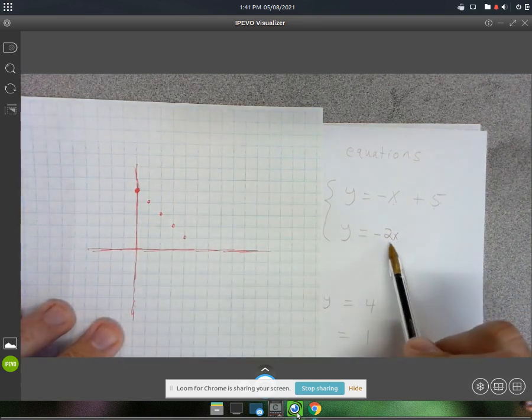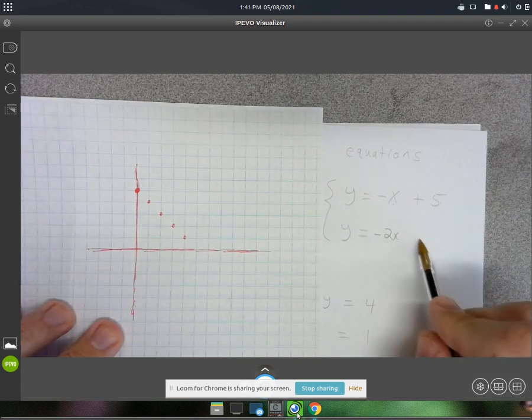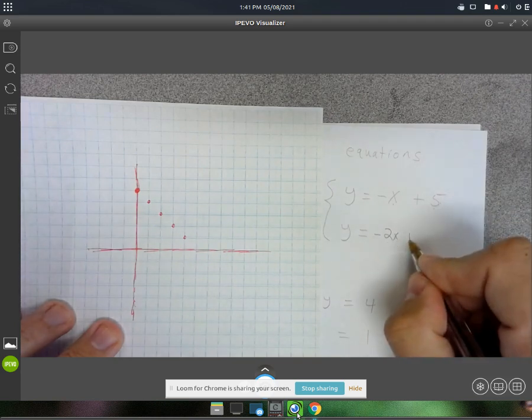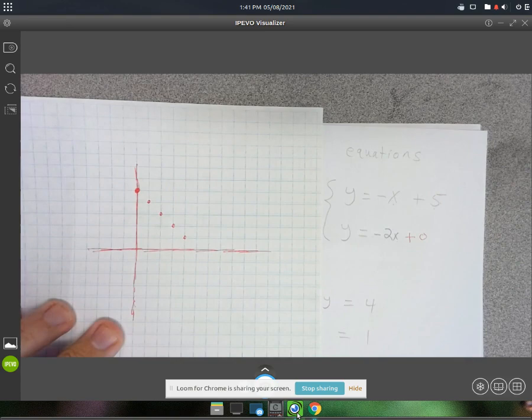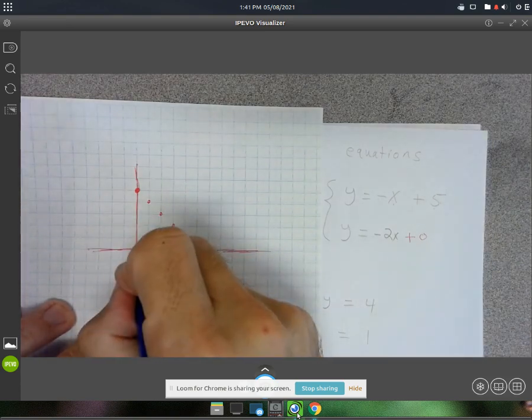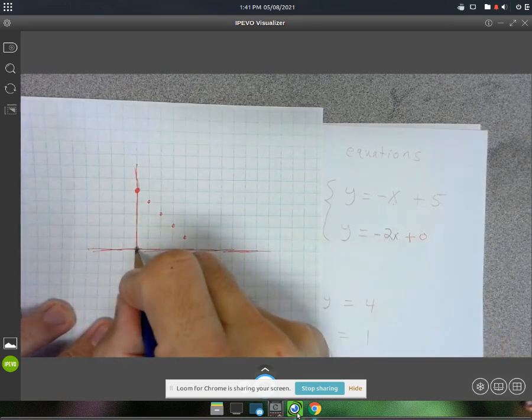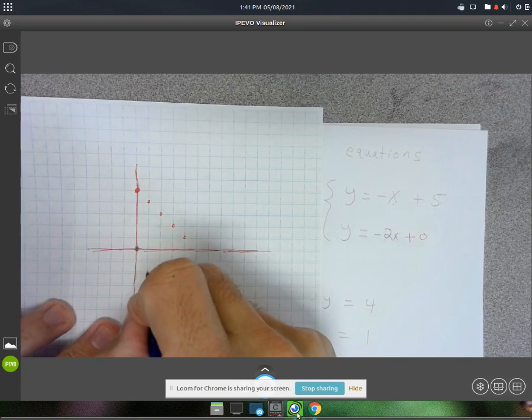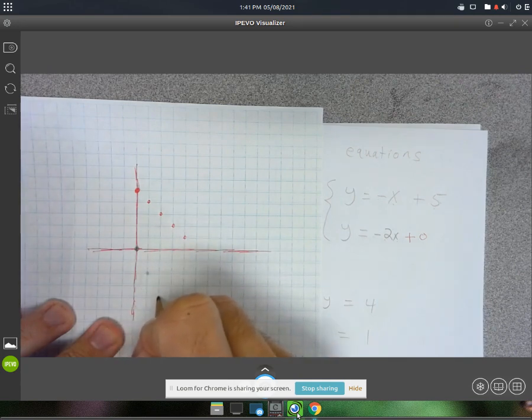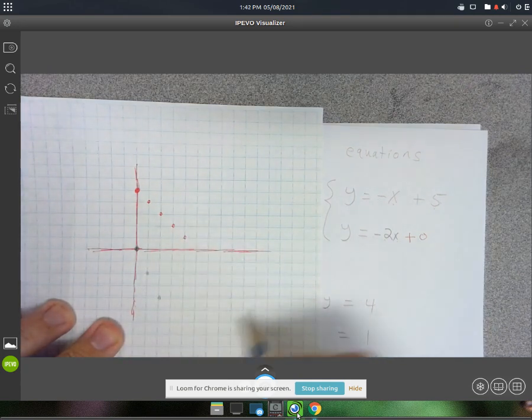For this one, the y-intercept isn't written here, but there's a plus 0 there. So I'm going to start off at 0, and my slope is negative 2, so it's down 2 and over 1. Down 2 and over 1. These lines are not going to intersect over here.